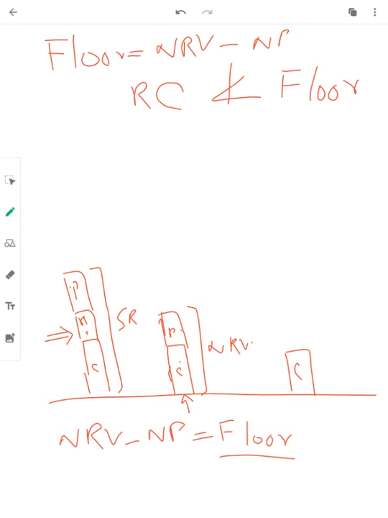So let's say this is my floor and my replacement cost is this much. In order to prove this point that replacement cost cannot be lower than the floor, I'm giving you an example where replacement cost is lower. So if you can see, my cost is this much and my replacement cost is lower than that.